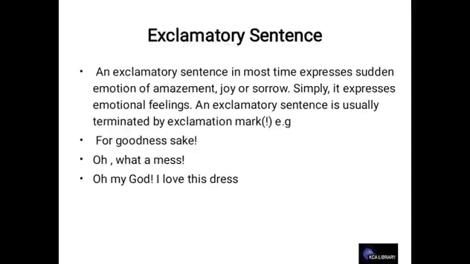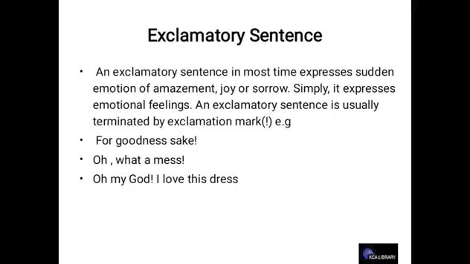Finally, we have the exclamatory sentence as the last type of sentence under the functional classification of sentences. An exclamatory sentence in most cases expresses sudden emotion of amazement, joy or sorrow. Simply, it expresses emotional feelings. An exclamatory sentence is usually terminated by an exclamation mark, e.g., For goodness sake!